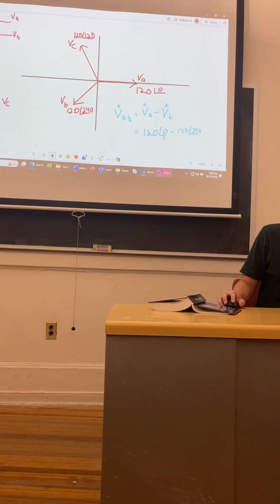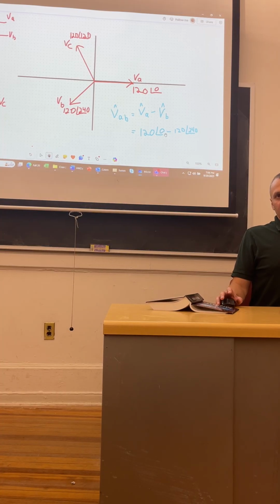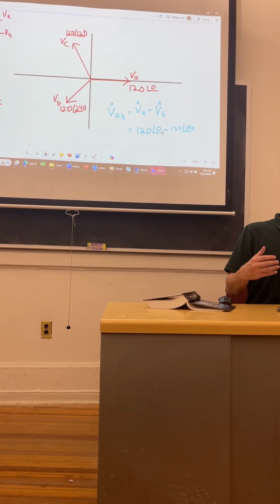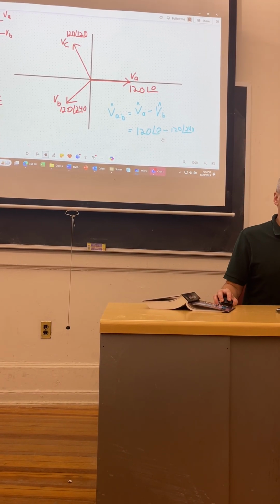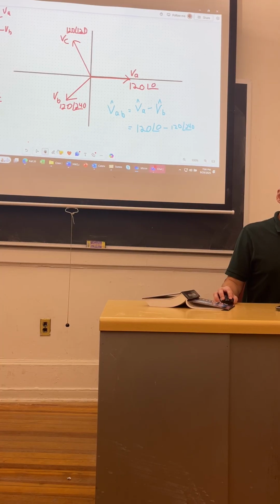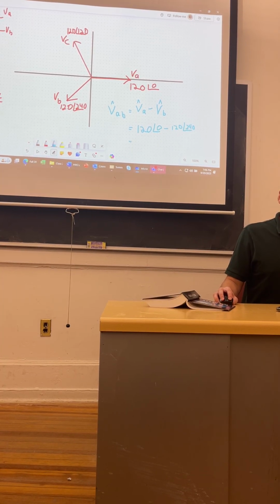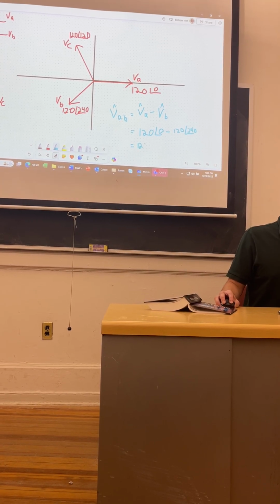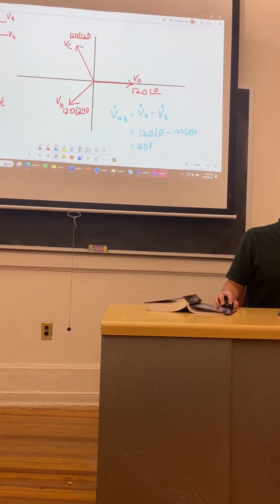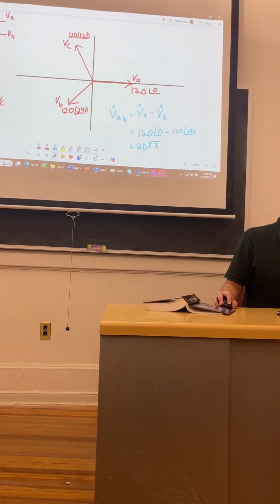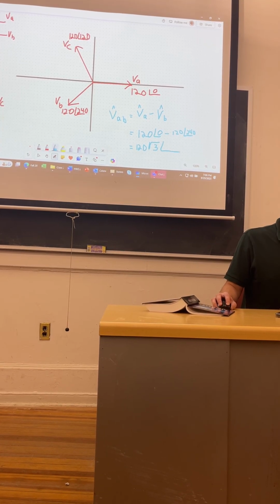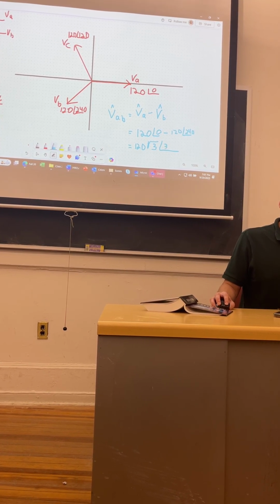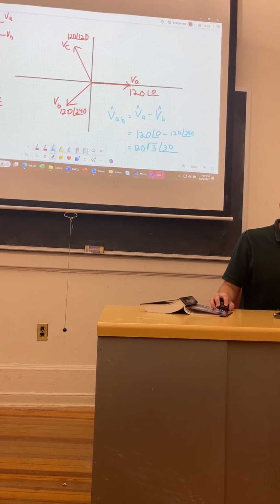So you can convert it to rectangular number format, do the math, and then convert it back to polar coordinates, and it comes out to be square root of 3 times 120 at 30 degrees.